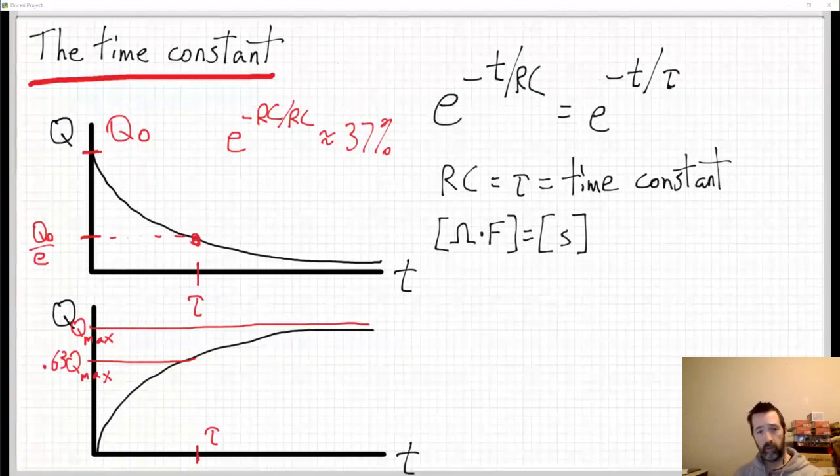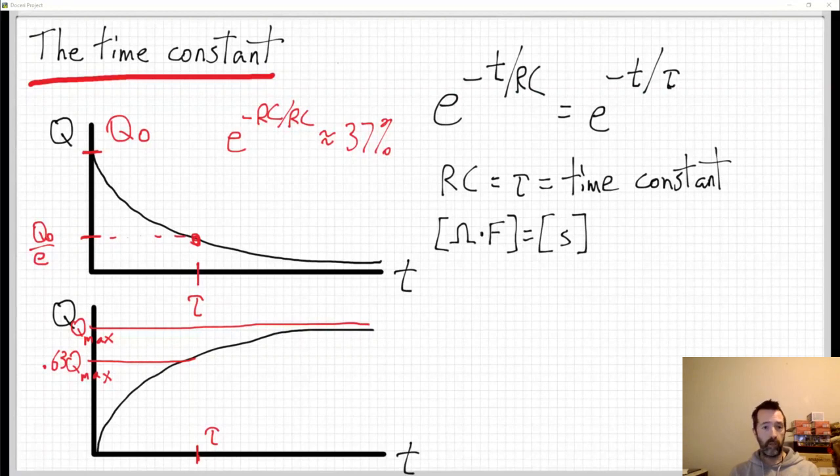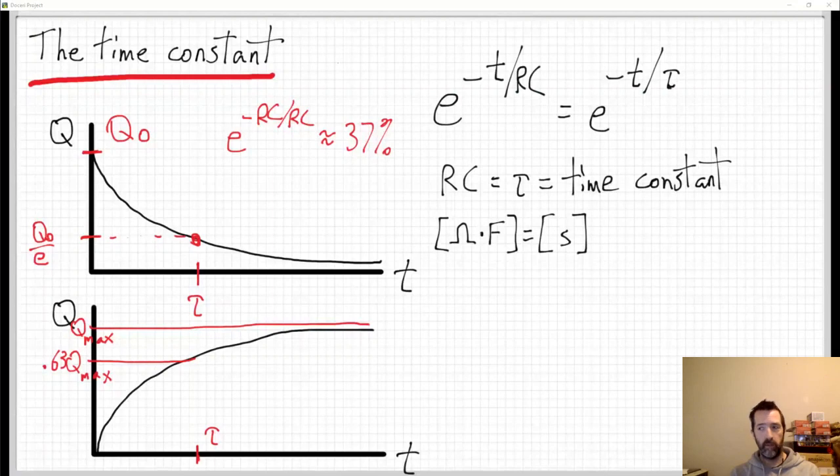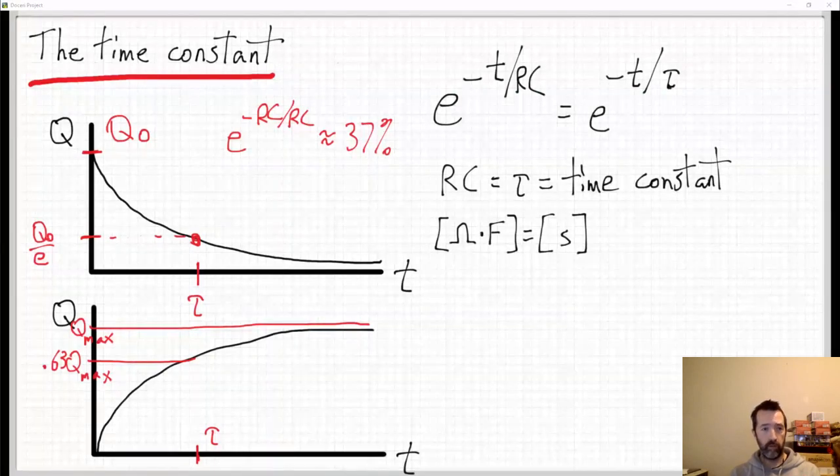So all I've really done here is flip the graph over. But the idea is that in this time interval, tau, 63% of the process has occurred, 37% of the process still remains to occur. It has not happened yet.